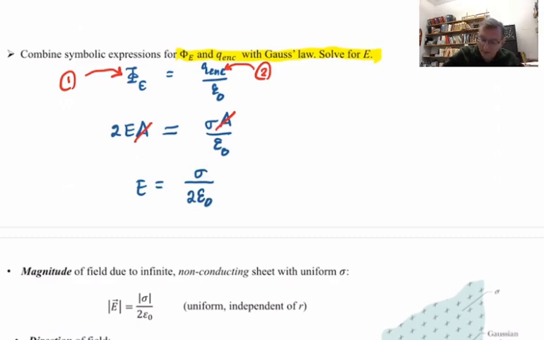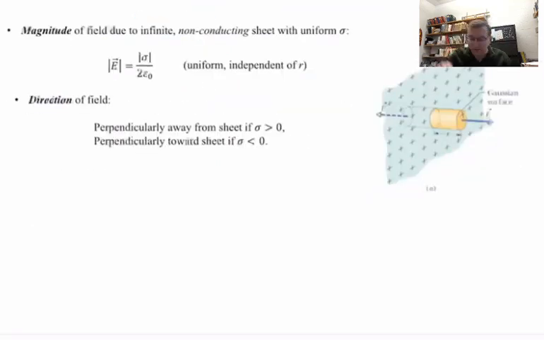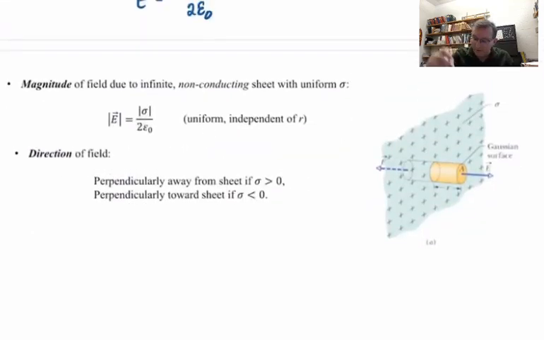And so now, on the next slide, I summarize this result. Okay? So we've redrawn the sheet there, and the picture shows it as a positively charged sheet. Sigma is positive. And now we know the formula for the magnitude of the field due to the infinite non-conducting sheet with uniform sigma.